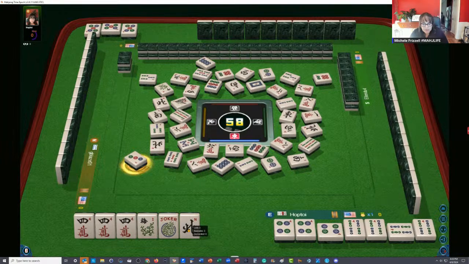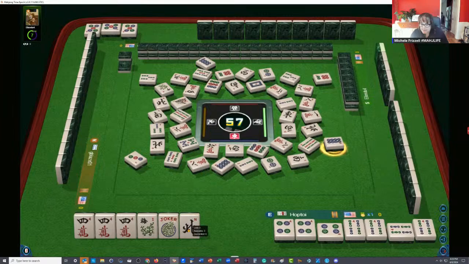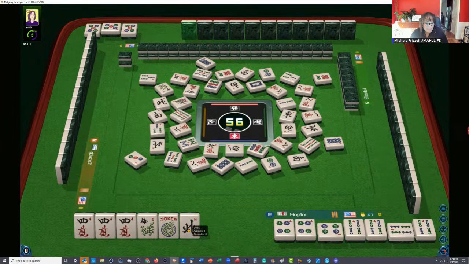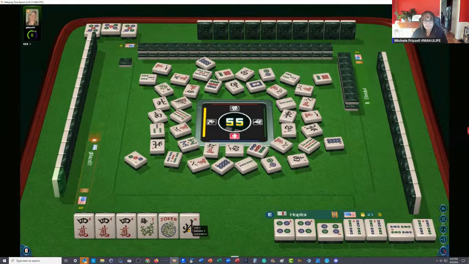No, that is the only chow on the card. 1, 2, 3, single numbers, three numbers in a sequence. That's the only one on the card. 8 dots. 1 character. All right, we need to pick a flower or a joker. Of course, everyone knows what we need.